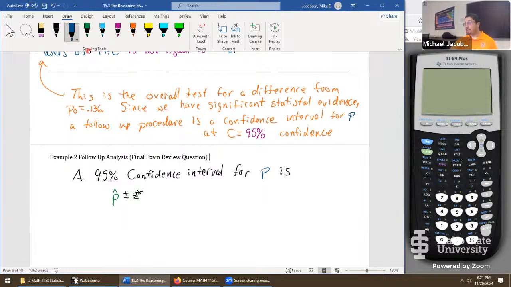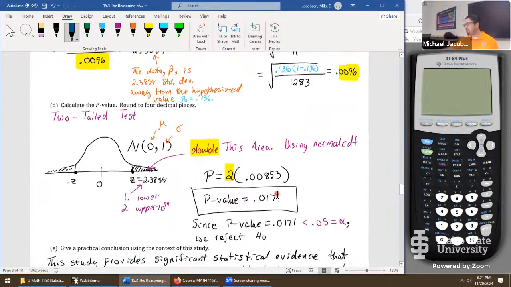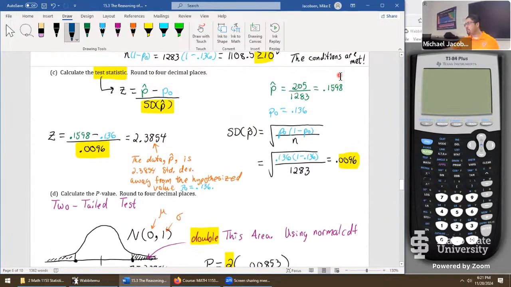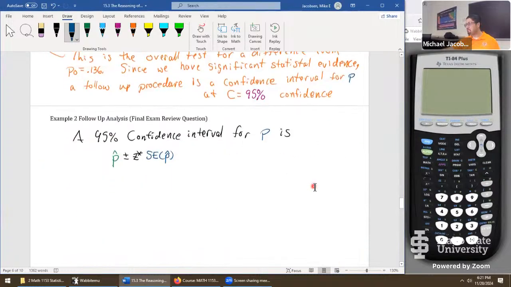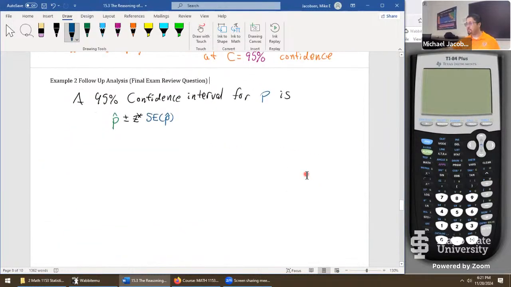Then we multiply that by the standard error of P hat. So I think we've already got P hat somewhere on the notes. Let's double check. P hat is 0.1538. Sorry for the scrolling on this problem. It got pretty large after a while. So that's our value for P hat.